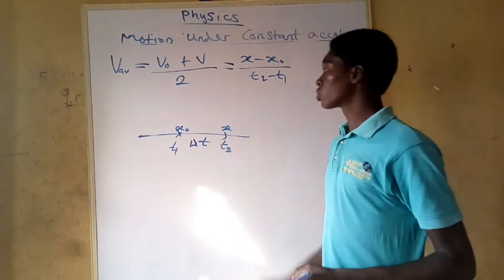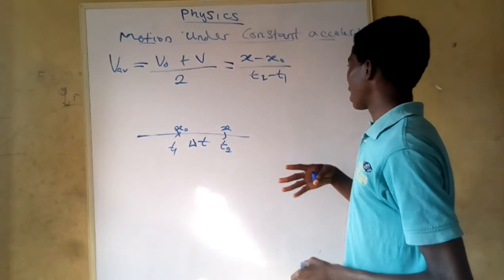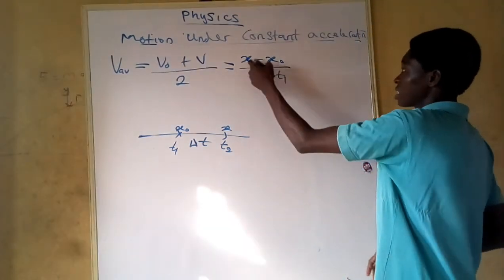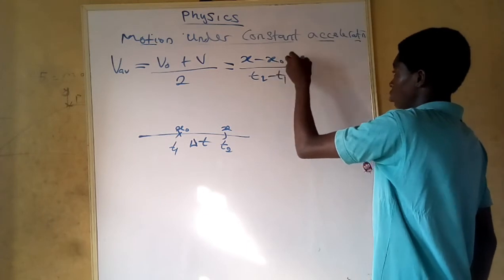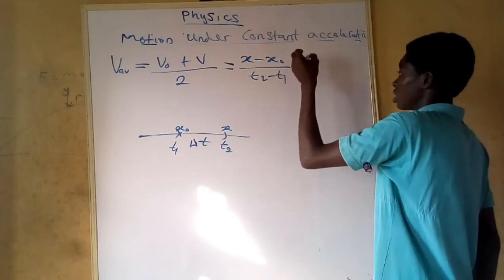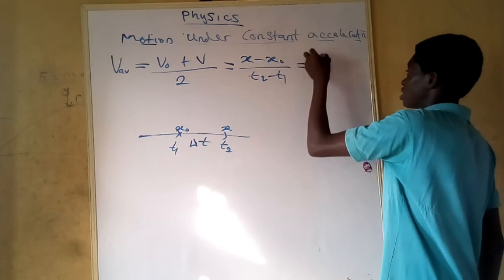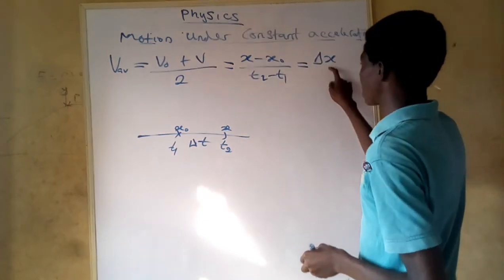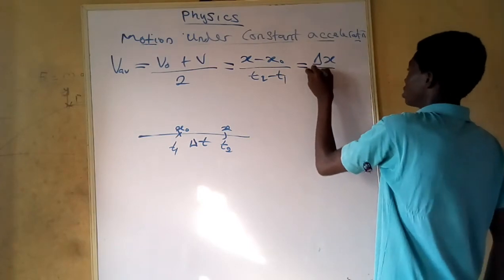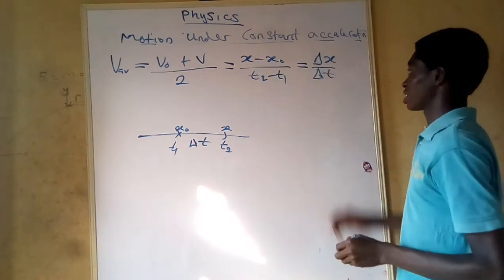So we can write this as change in x over change in t, that is, change in distance over change in time.